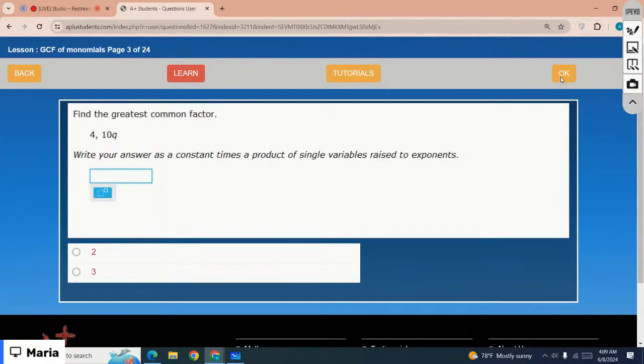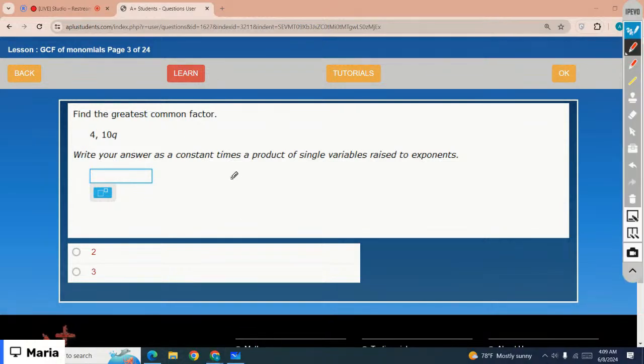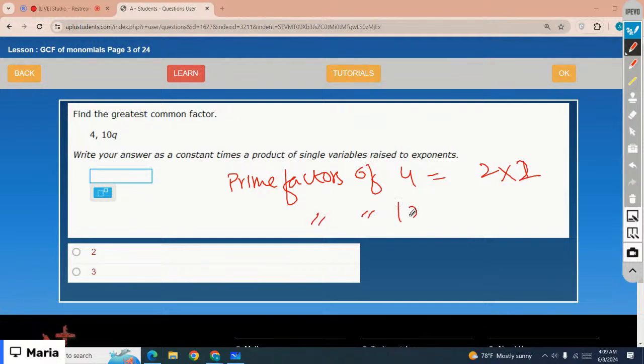Okay, find the greatest common factor. So let's just do the prime factors of both the terms. So the prime factors of 4 are 2 times 2 and the prime factors of 10 are 2 times 5 and cube. So which is the common factor? 2 is the common factor.